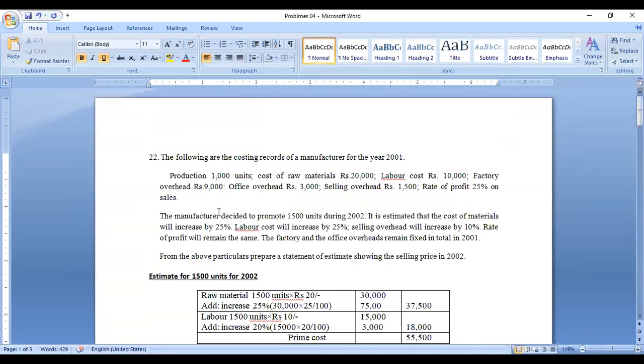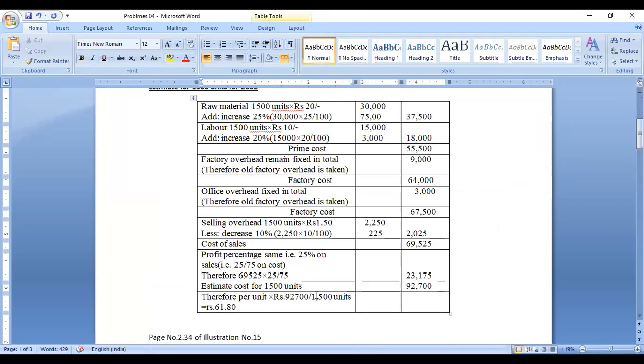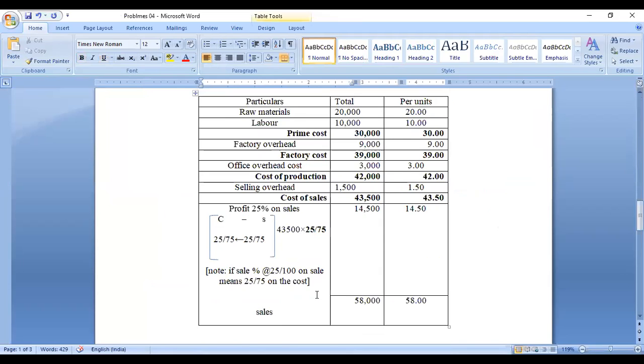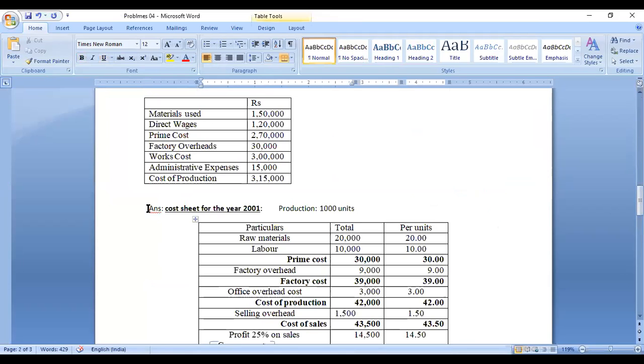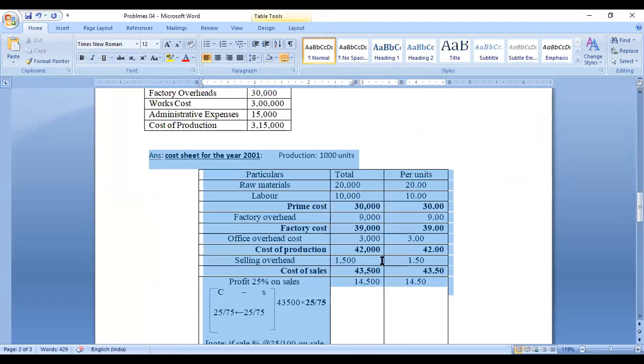So raw materials: the cost per unit is 20 rupees. So 1,500 into that amount is calculated.